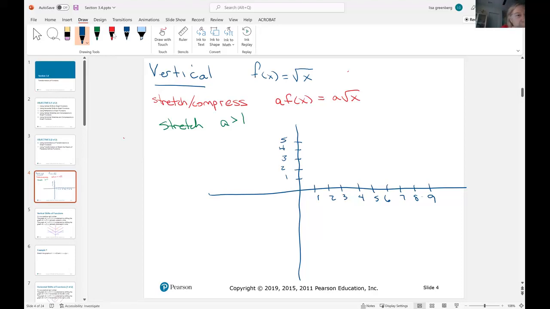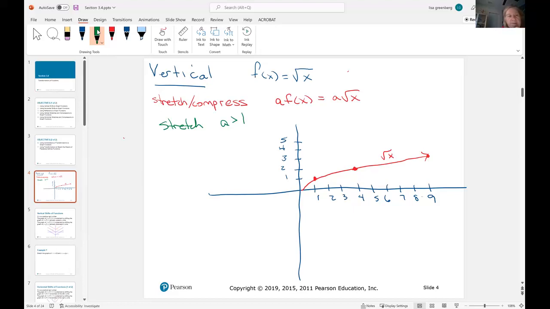So when x is 1, y is 1. And there's a bunch of numbers in between, but I'm just going to pick the whole numbers. So when x is 4, y is 2. And when x is 9, y is 3. So if we were to graph this, and obviously when it's 0, it's 0. So I'm graphing these points for the square root, and hopefully you know that this is what the square root function looks like, and it just kind of keeps going on forever. And this right here would be just the square root of x.